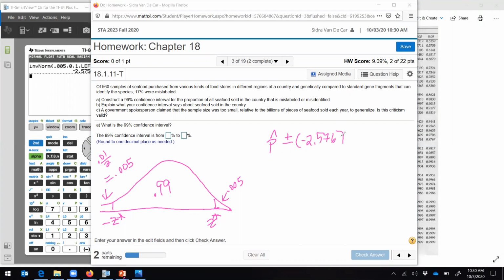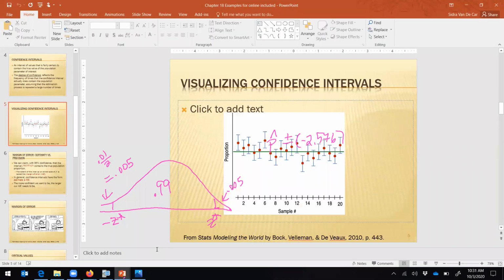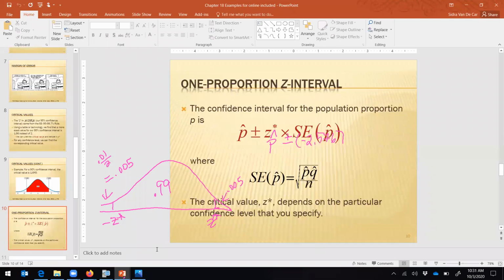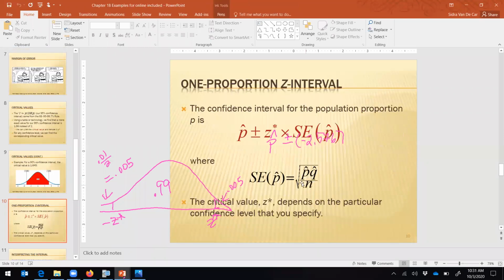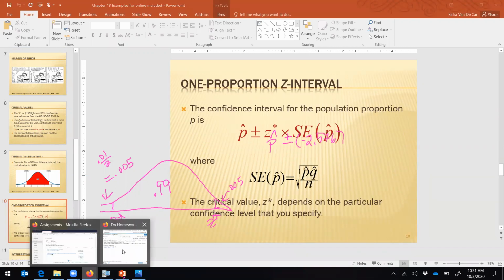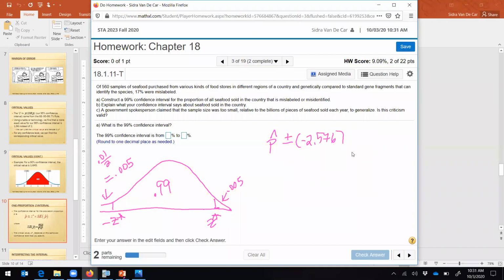Times the standard error. Now that standard error, I showed you that formula here, is the square root of p hat times q hat over n. So I'm going to go square root of p hat, q hat is 1 minus p hat, over the n.